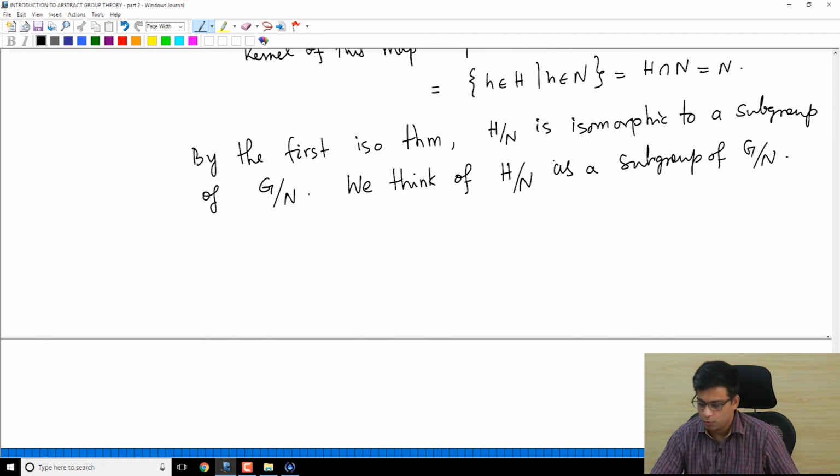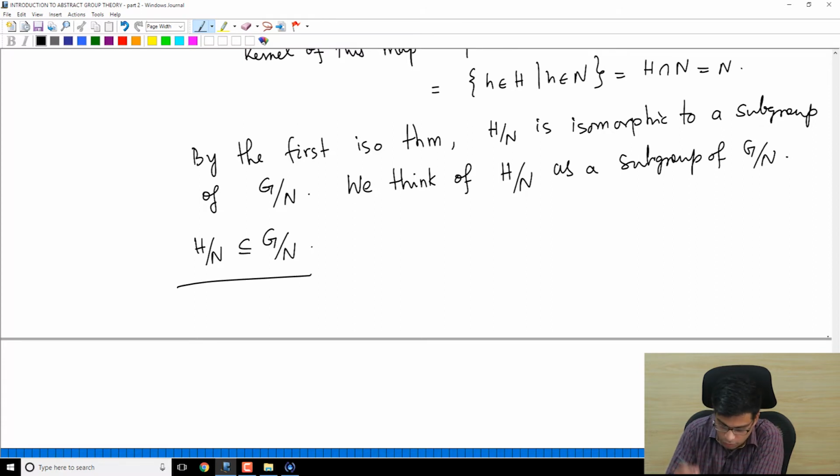What is a normal subgroup? So we have H mod n inside G mod n. Normality means what? You take something from the bigger group, something from the smaller group, and consider the element by taking inverse and product. So what is an element of G mod n? It is of the form Gn.